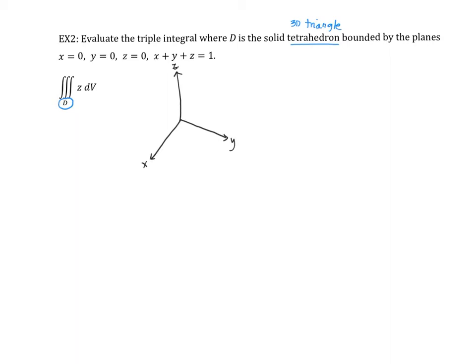So x is equal to 0 is the yz plane. Y is equal to 0 is the xz plane. If you wanted to think about that as these two planes, they actually go parallel here, kind of like that.